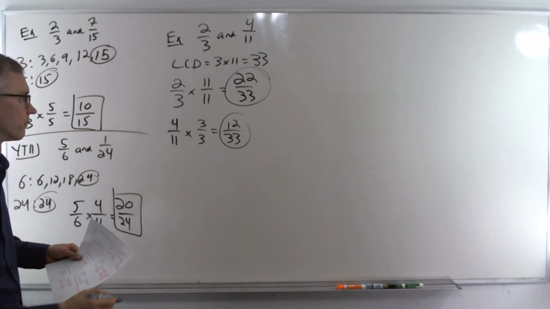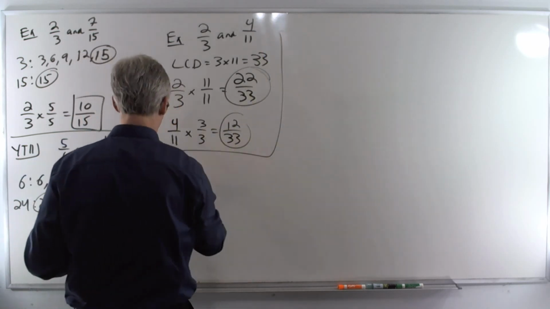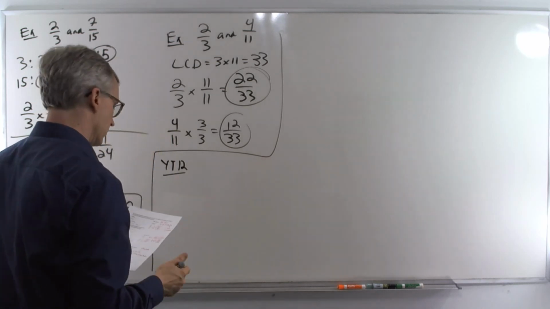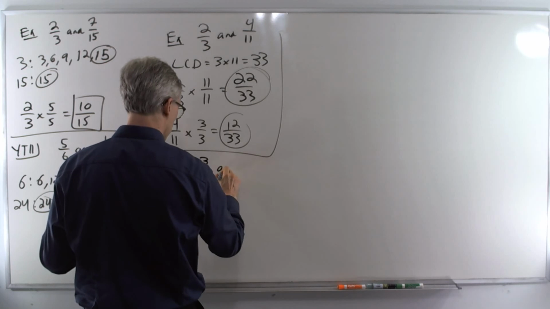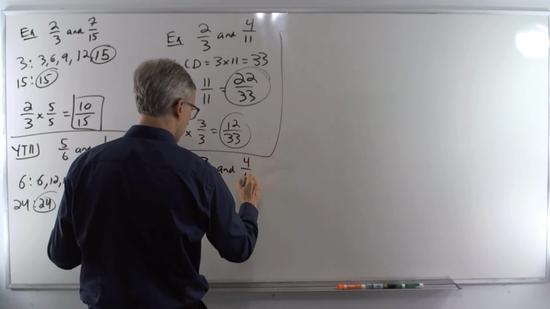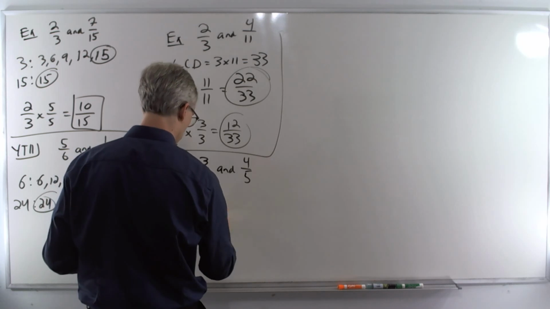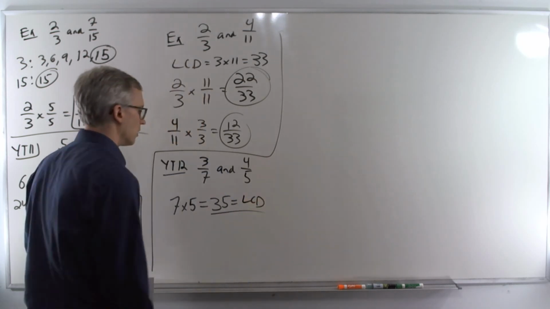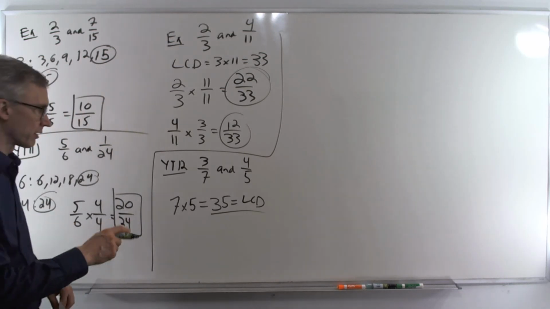Your turn, number 12. 3/7 and 4/5. Again, we have two primes in the denominator, so multiply them together and get 35.